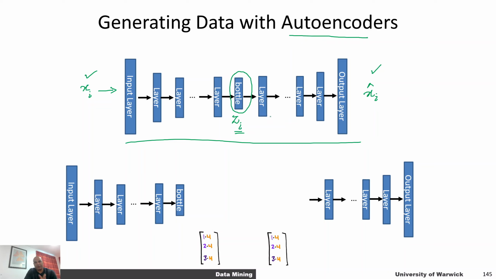If you think about it, if we cut this neural network in the middle over here, we can get two neural networks, right? Let's talk about this left part first. What it does is that for a given xi, it produces a zi. So it generates a lower dimensional representation for a given example. Ideally, all the information that could be present in the input features should be captured within these latent factors, or these zis.